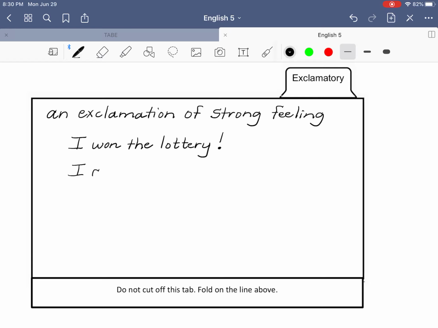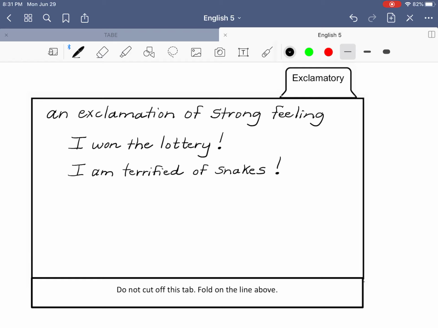I am terrified of snakes. So if you are terrified of snakes and one crawls by, you are not just going to be, oh, there's a snake. This is an exclamation of fear. I am terrified of snakes!